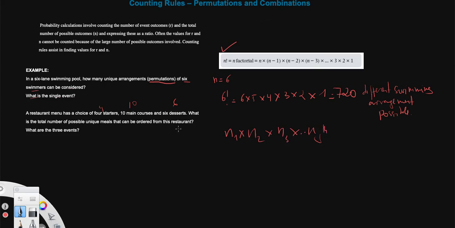So here what you do, it's simple. All we have to do is just do 4 times 10 times 6, and this is going to be equal to 240. Okay, so basically that's it for this scenario.